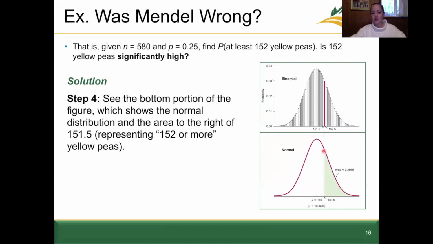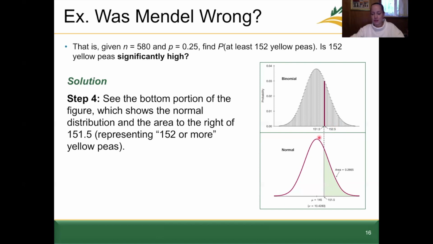Deciding on which x value to use, either in Excel or with table A2, is not as straightforward as just looking at our x value itself. Instead, we applied the continuity correction, so we got a range of 151.5 to 152.5. That range is really how we think of our x value now. Then we think of the question at hand, right? 152 yellow peas or more. Well, I'm no longer considering just my simple x value of 152.